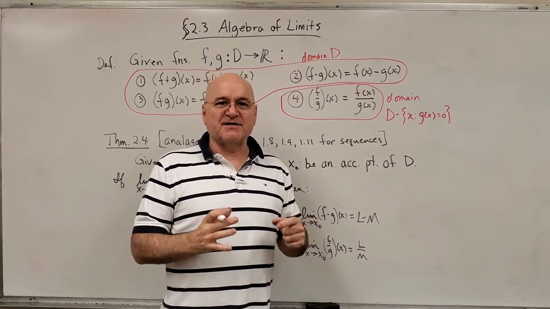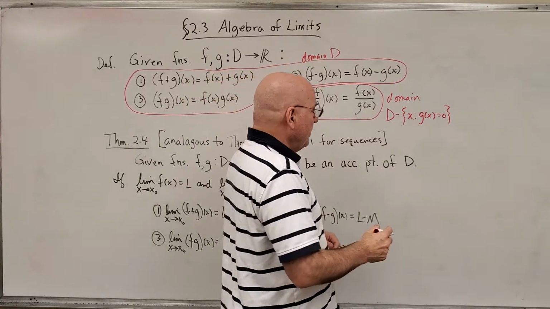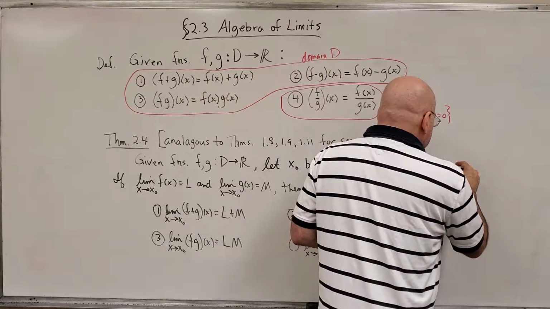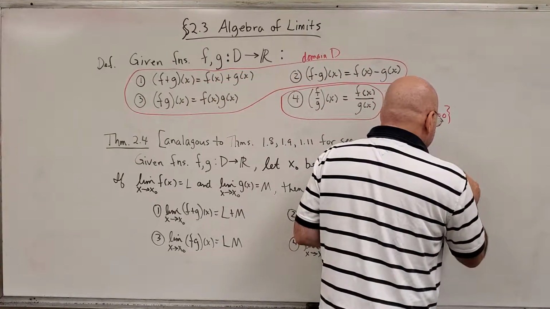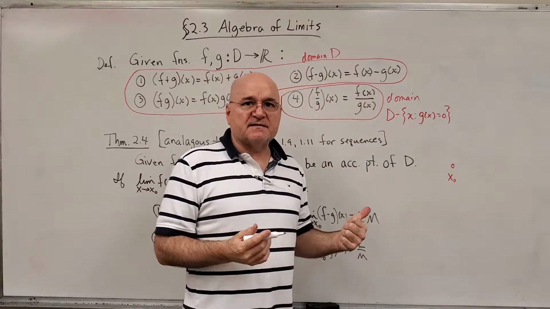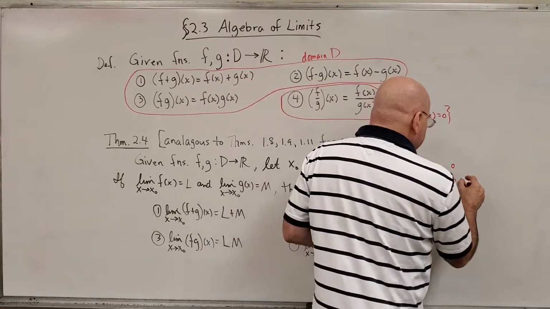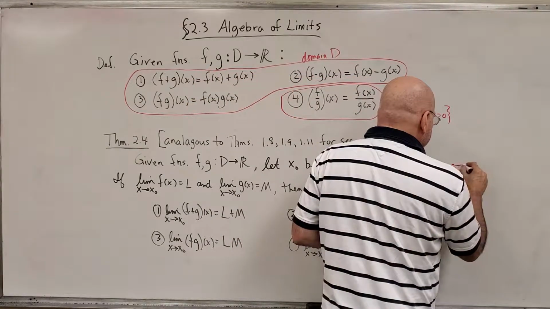And let's remind ourselves, as I frequently do, about what an accumulation point means. Well, an accumulation point of D does not necessarily need to be in the set D, but every neighborhood around it.